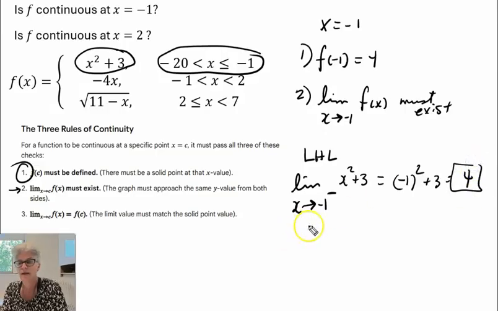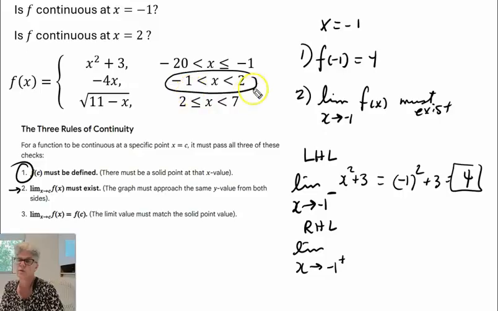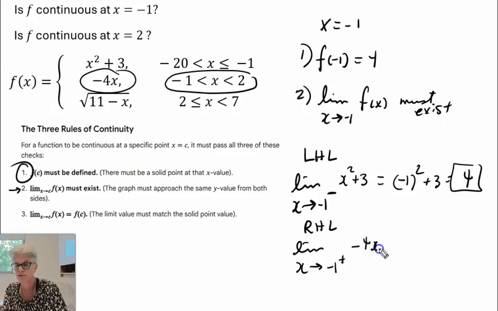Okay. And now let's look at the right-hand limit. What happens as x approaches -1 from the right on the number line? If we're to the right of -1, that's going to put us into this situation here. x is some number strictly between -1 and 2, and so the formula is now going to be -4x.